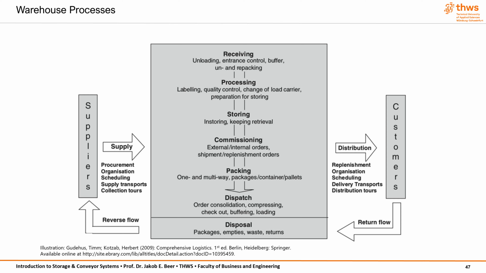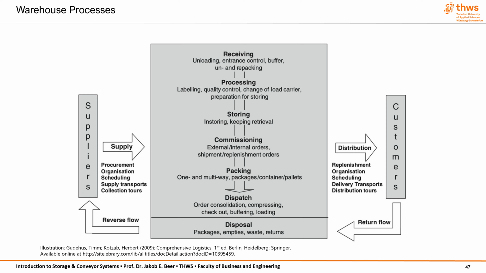Picking can take many forms: piece picking, case picking, pallet picking. And different strategies exist, from person-to-goods systems, where employees walk to the items, to goods-to-person systems, where automation brings the items to the picker. An example of goods-to-person technology would be AutoStore systems, shuttle-based ASRS systems, or vertical lift modules.